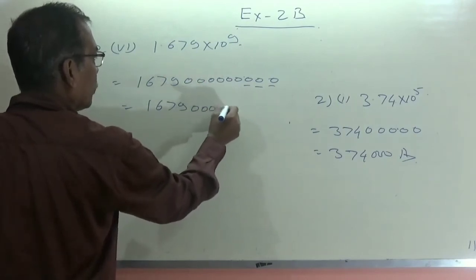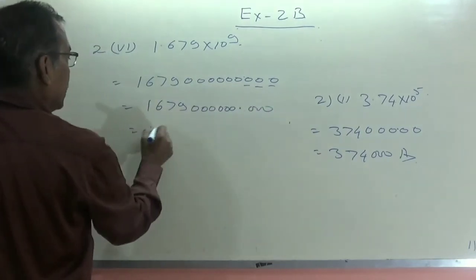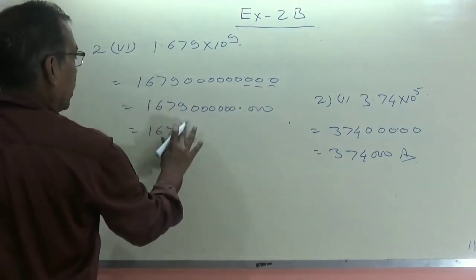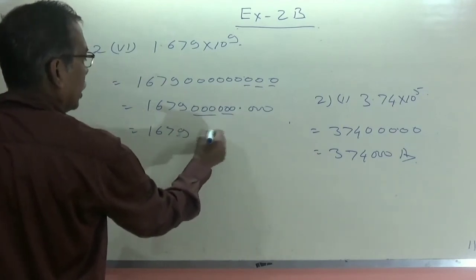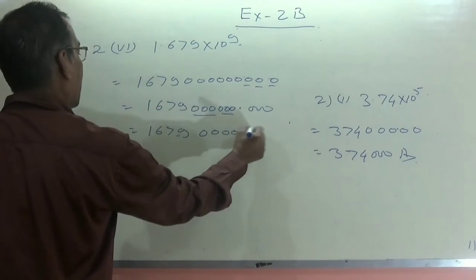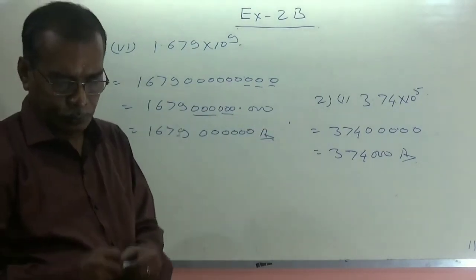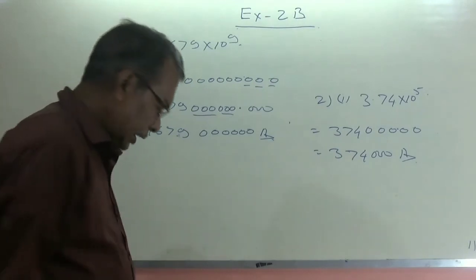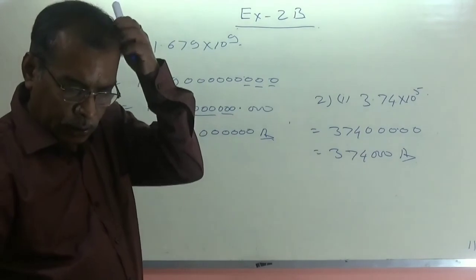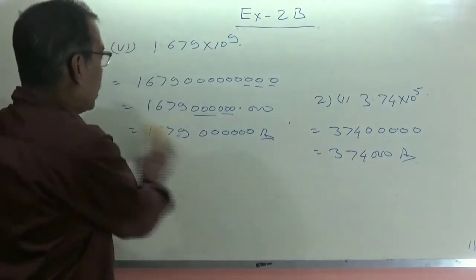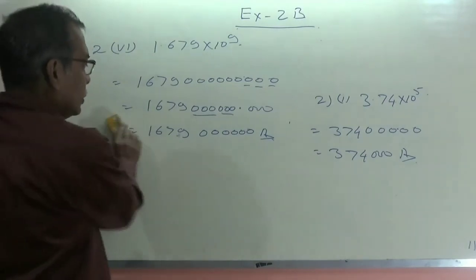So it will be 1, 6, 7, 9 followed by these zeros only. 1, 2, 3, 4, 5, 6, and that will be the answer. I think it is clear. By the way, this exercise you have to now cover up. It is quite simple only. Now, 1 or 2 questions I am going to solve from the third exercise 2C.